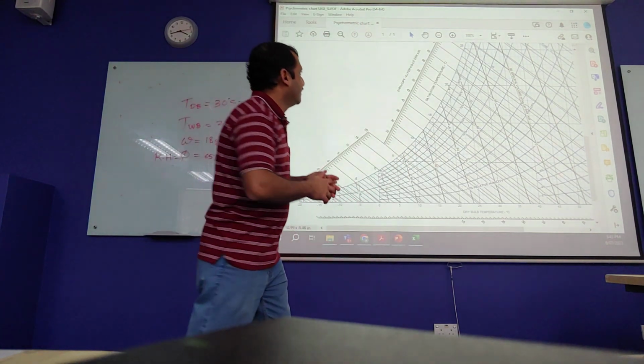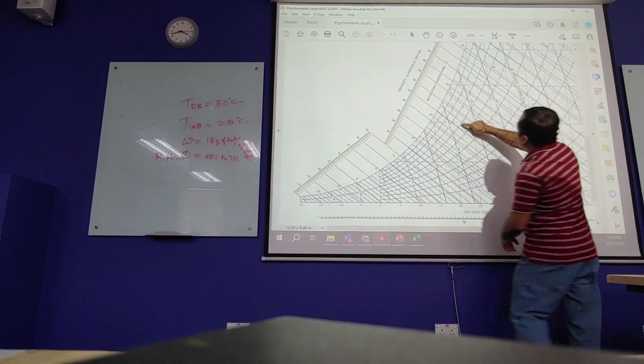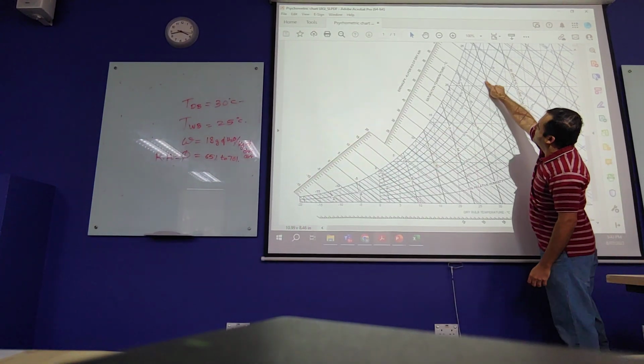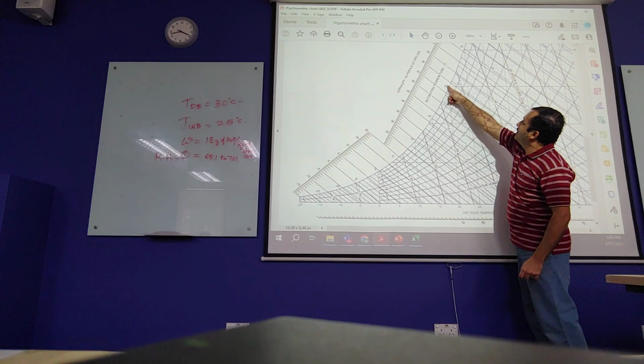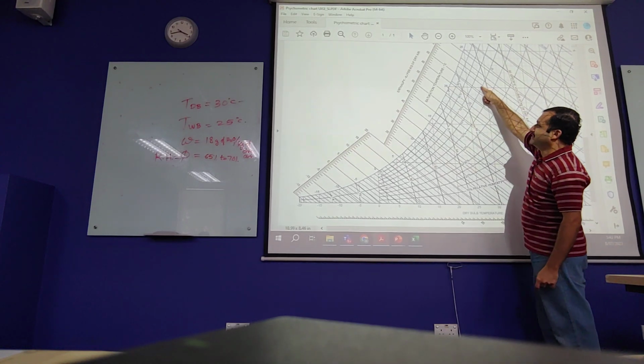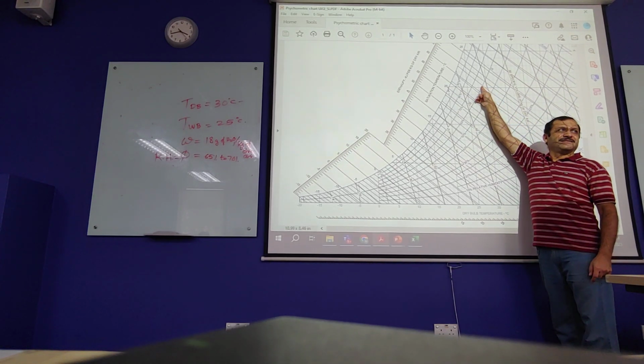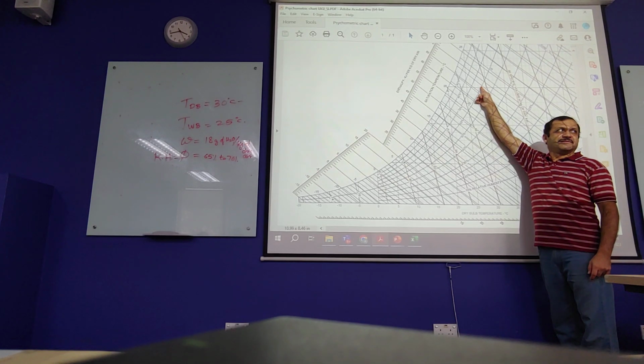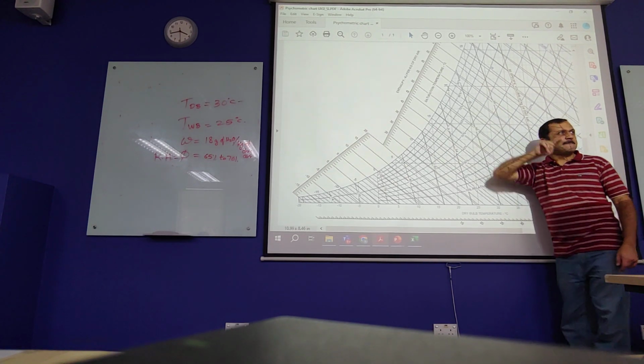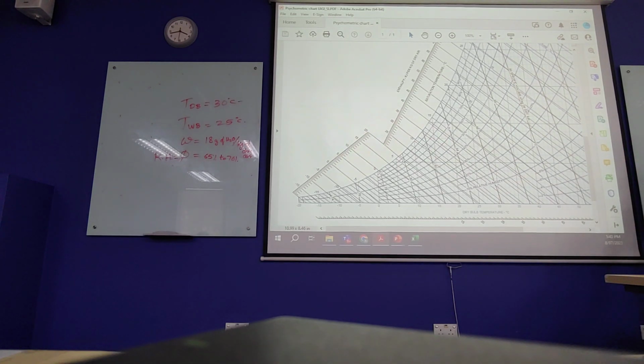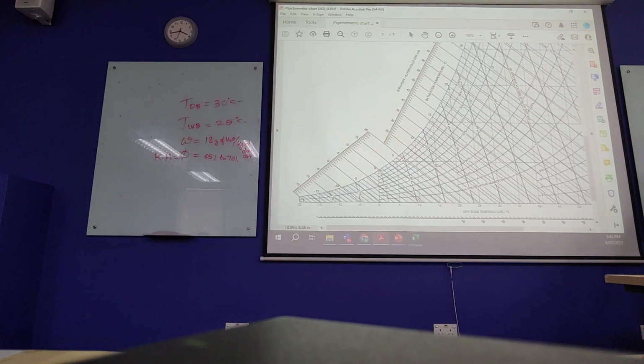Air dry. We want to go to that curve. So we are here, but we want to be here. Heat it.